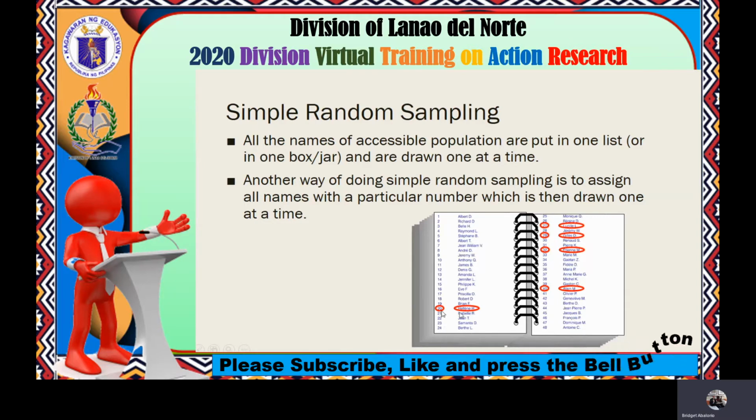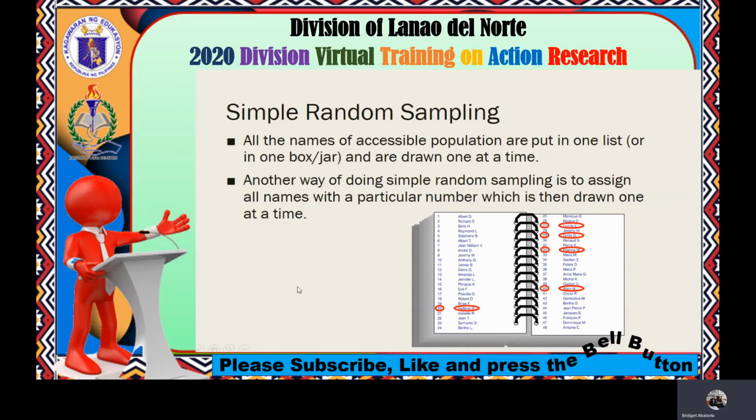She is now identified as a participant of your study. Then again, you draw and select. You've drawn number 27, which is Lucille. Therefore, Lucille is a participant of your study. Then you've drawn again, and you've drawn number 29. Therefore, Gils is a participant of your study because he is number 29.